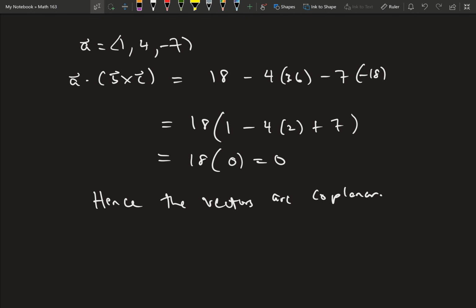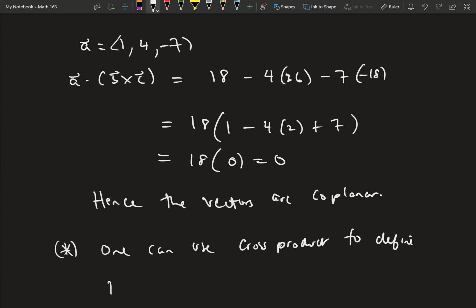Okay. This is pretty much the end of 12.4. I just want to make one remark here, and this is not going to be on the exam. One can use the cross product to define what's called a torque, and this is basically a rotational force.